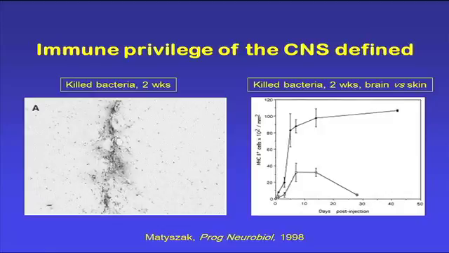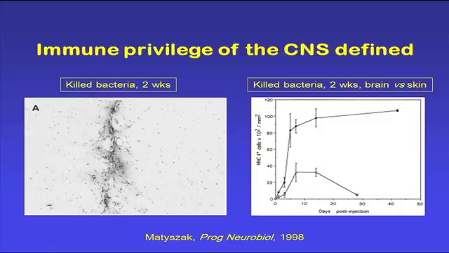This slide illustrates experiments that depict what immune privilege of the central nervous system really is. In the right-hand panel, you see a graphic illustration of what happens when killed bacteria are injected carefully in a minimal volume into either the skin or the brain.